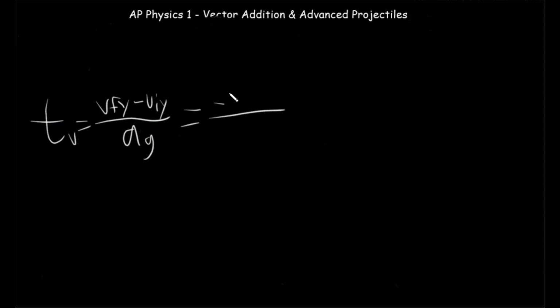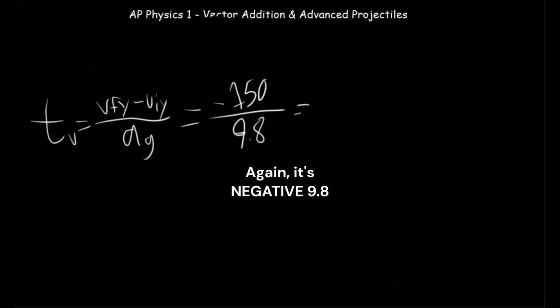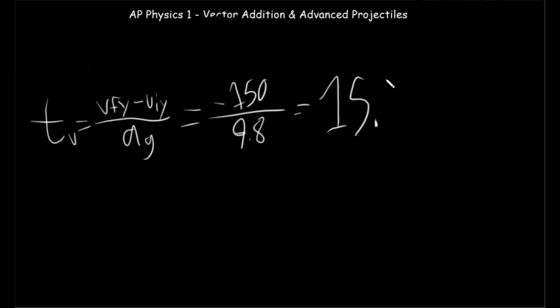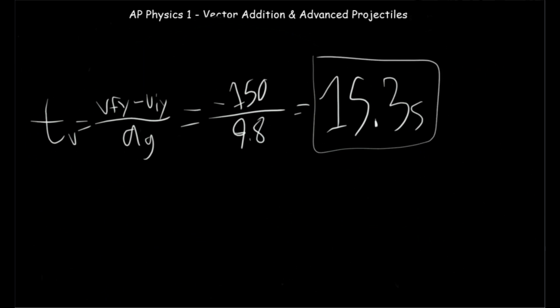We have negative 150 divided by 9.8. And it doesn't really matter if you get a negative value for your time, because time just cannot be negative, at least in this case. So let's just say we have 15.3 for our time up. Let's go ahead and write that down actually. I should actually write all of these values down, just so we don't forget. VIY equals 150 meters per second. Okay.